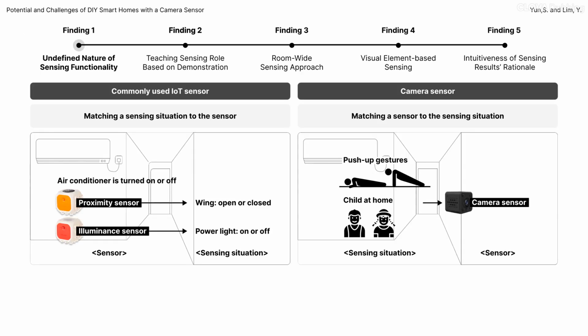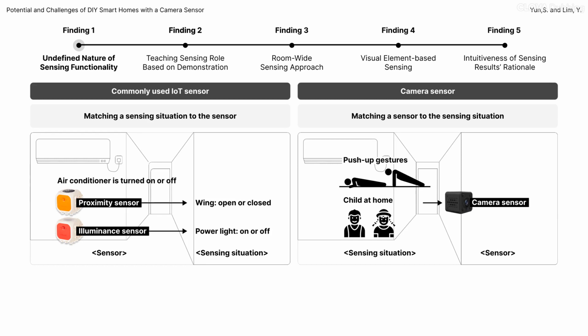The first finding is, when participants used the commonly used IoT sensors and the camera sensor, they showed differences in the order between selecting a sensor and determining the sensing situation. As the functionalities of commonly used IoT sensors are already defined, they had to first consider the functionalities of the sensor and then reconstruct the possible situations to be sensed.